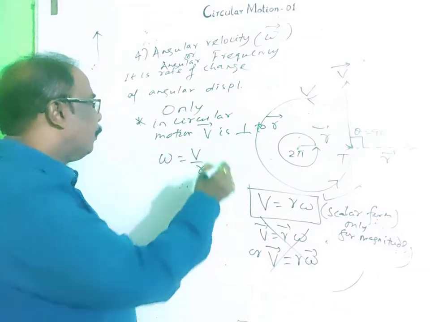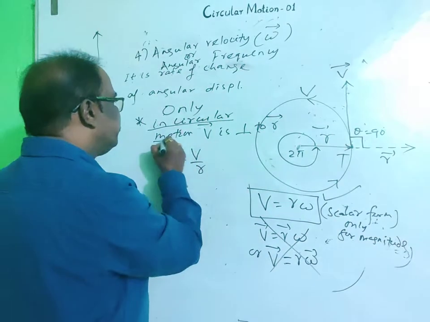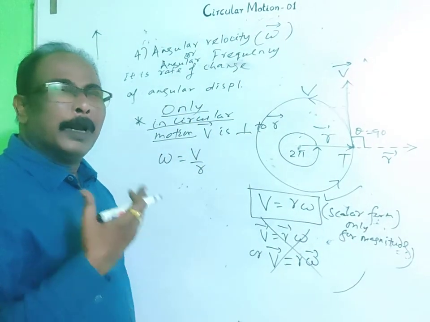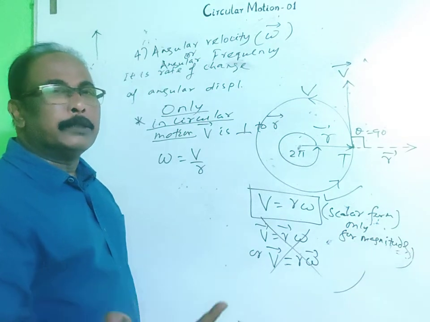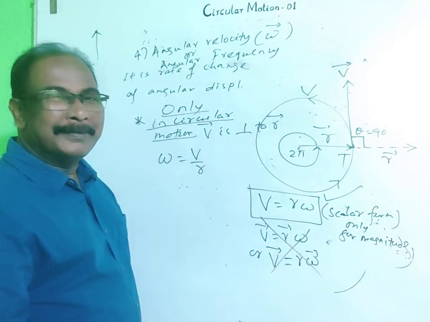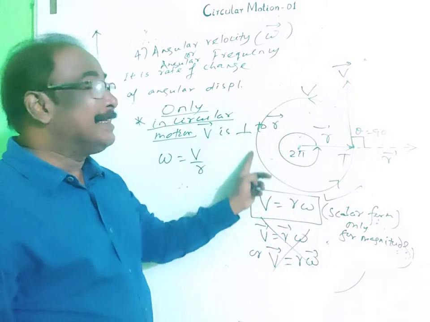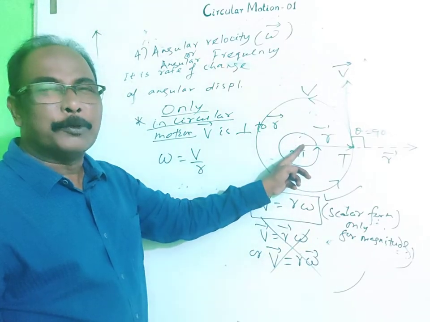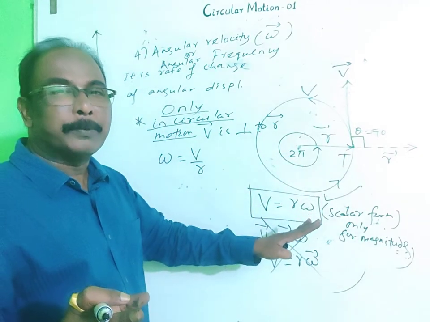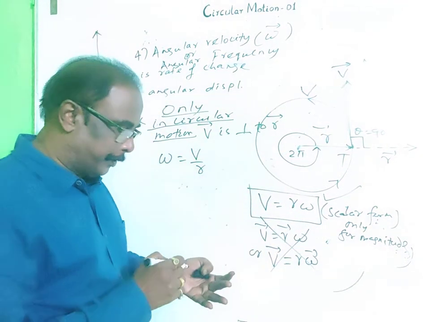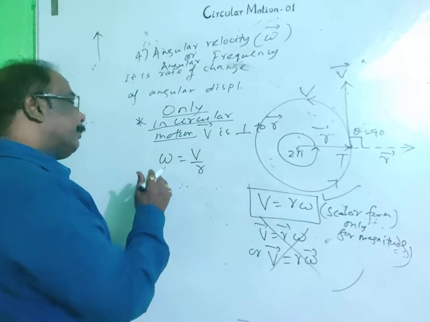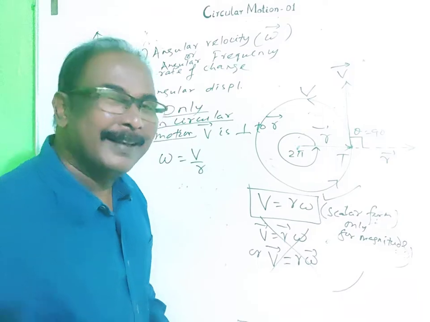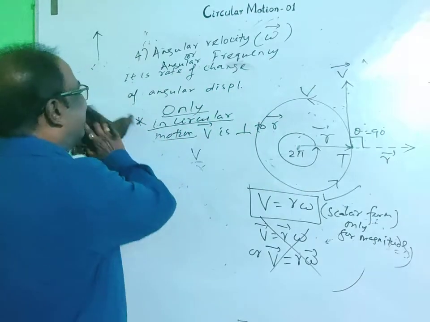This is true only in circular motion, but not in all types of motion. Angular velocity doesn't come only in circular motion. The distance of the particle from the center is constant in circular motion. This may not happen in all types of cases. We will see those cases. So this is only for magnitude. This much, then we will go to some discussion analysis.